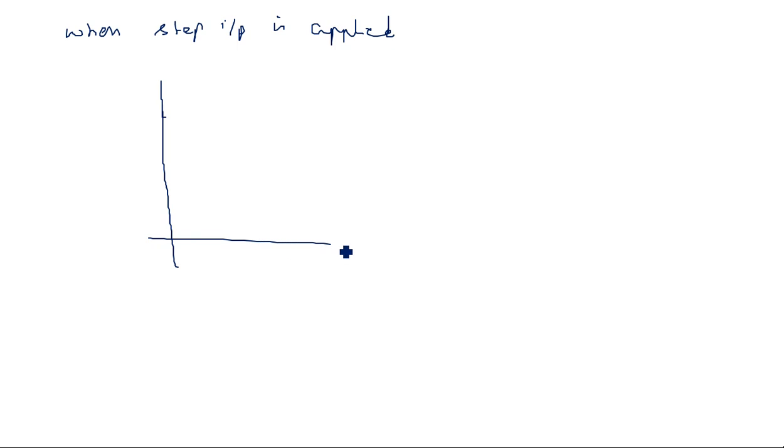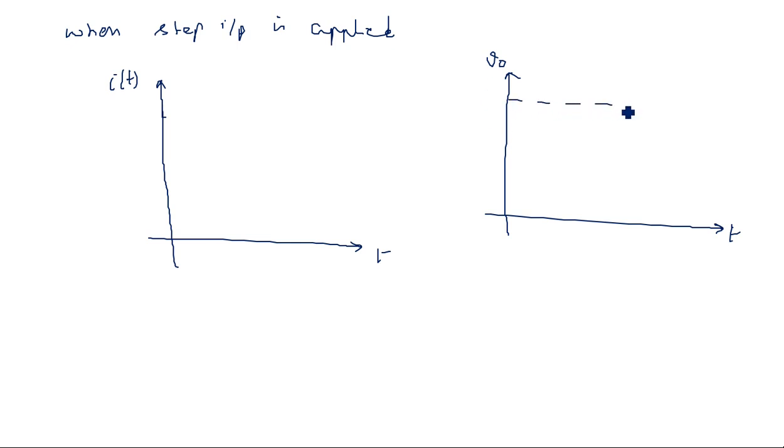One is with respect to the current I of t and another one is with respect to the output voltage V0 and the input step voltage Vi. For overdamped, there will be a current flowing like this.